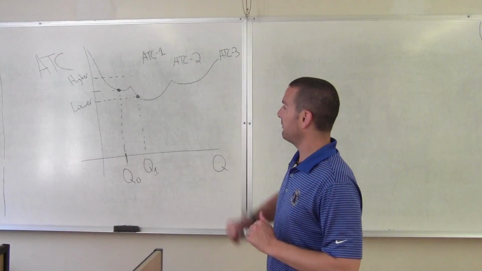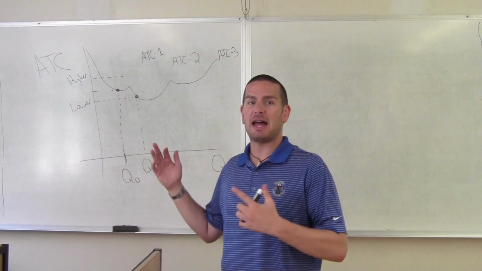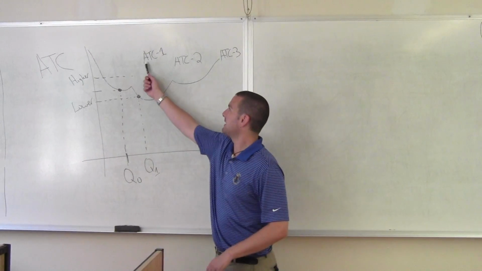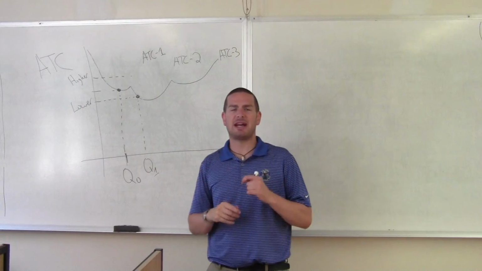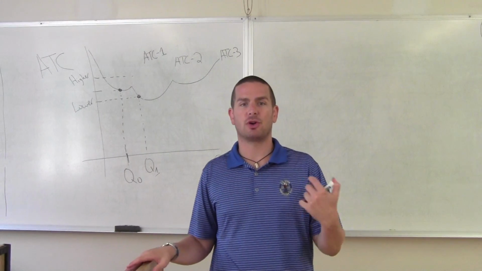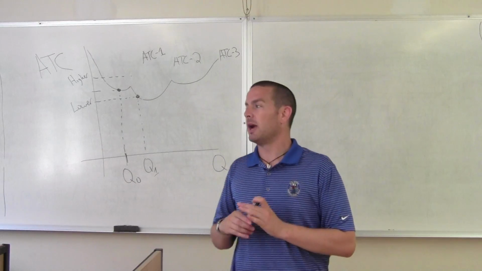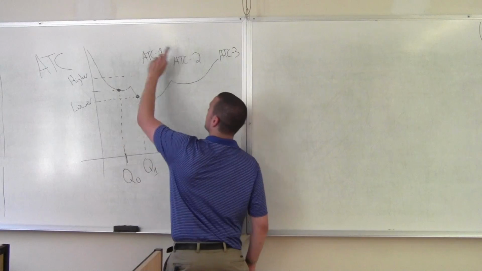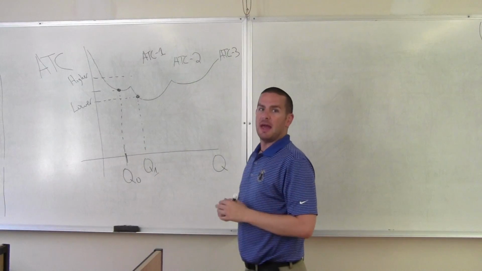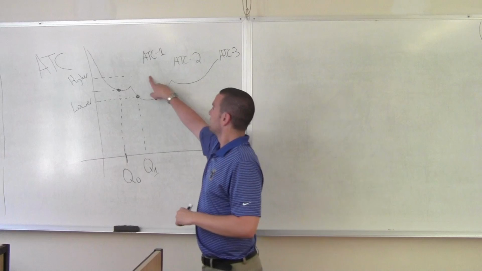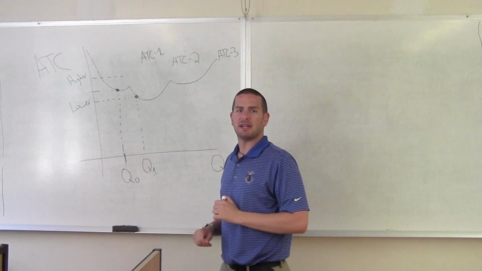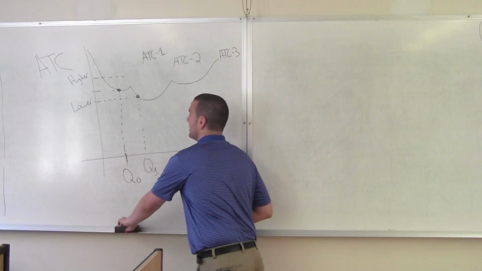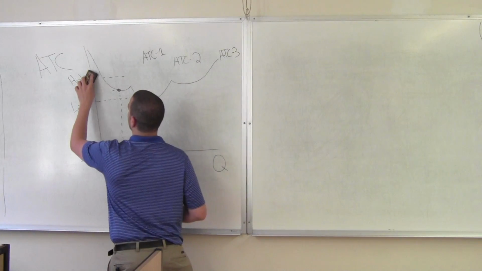If we didn't just have ATC 1, 2, and 3, if you imagined infinity average total cost curves, one here, one here, one here, and then you were to erase all of the places with higher costs the way I did, you would end up getting something that looks like this.